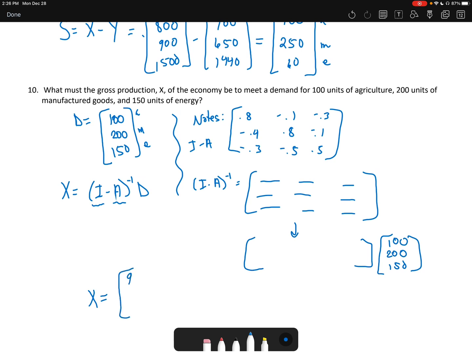It should come out as 900, 920, and 1760. Again, that is what they need to produce gross of agriculture, manufacturing, and energy in order to meet that outside demand and also keep itself running.